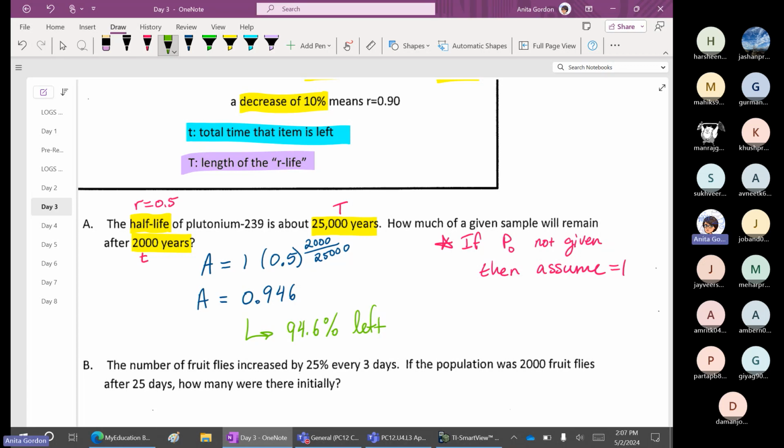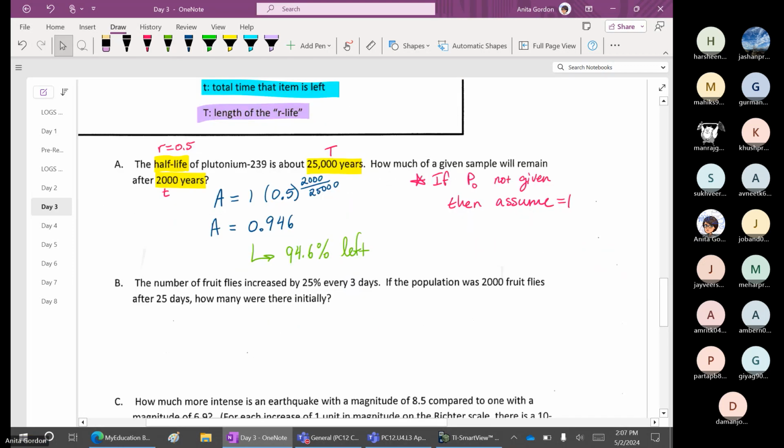Now, if it told you you have 500 grams of plutonium, how much is left after 2000 years? You're going to take this number and multiply by the 500 grams, and that'll tell you how many grams you have left.